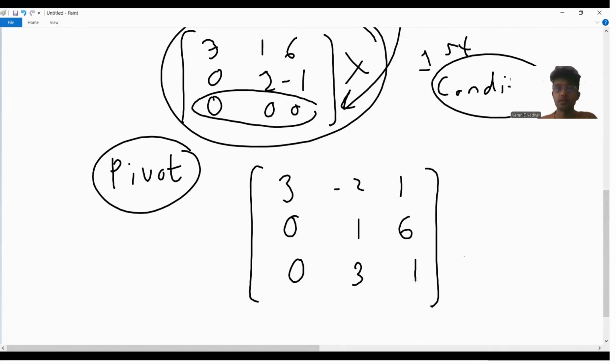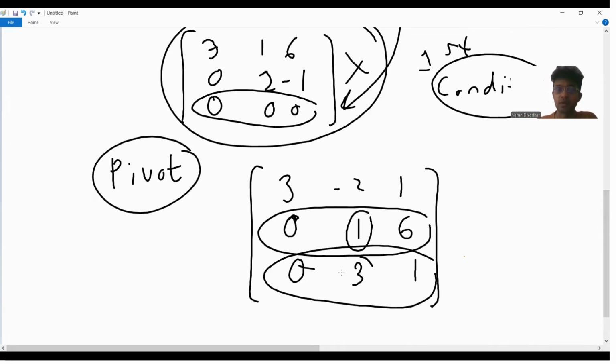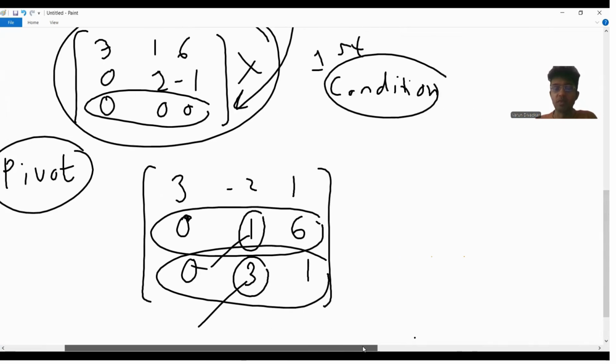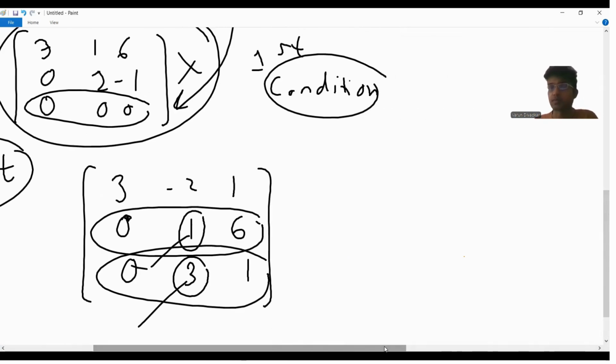In the second row, the first non-zero number is called a pivot. In the next row, again the first non-zero number is the pivot. So the first non-zero number in any row is called a pivot. The prerequisite for an echelon form is that the pivots from subsequent rows have to be to the right of each other.